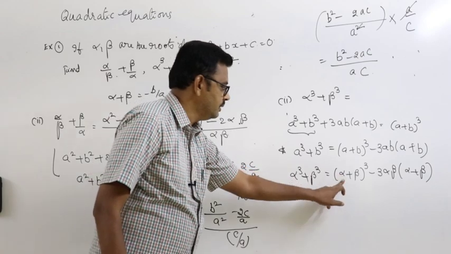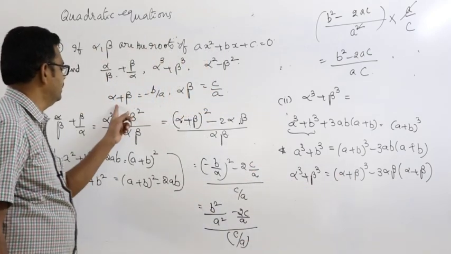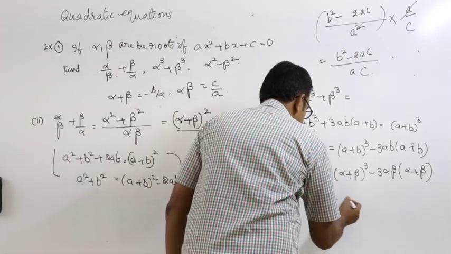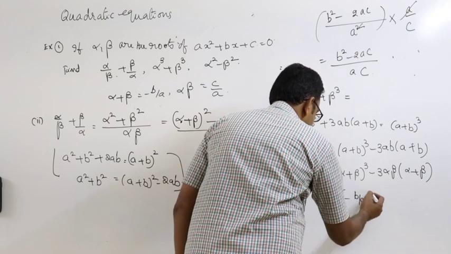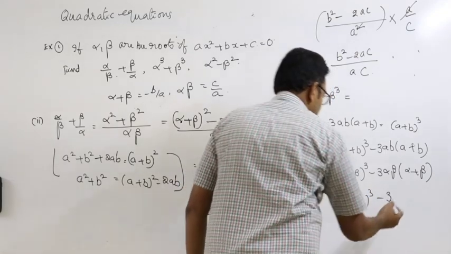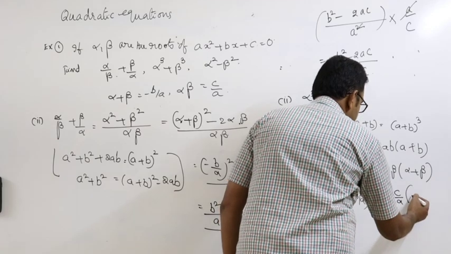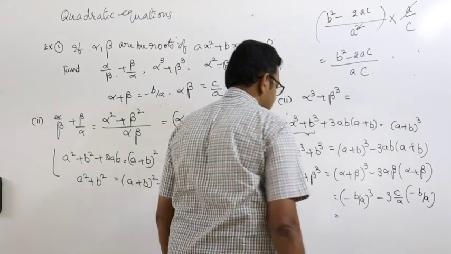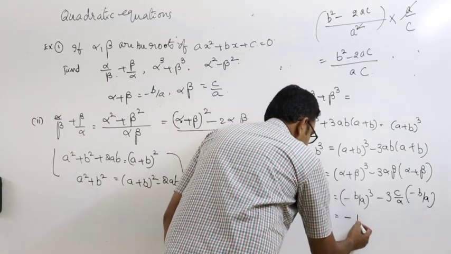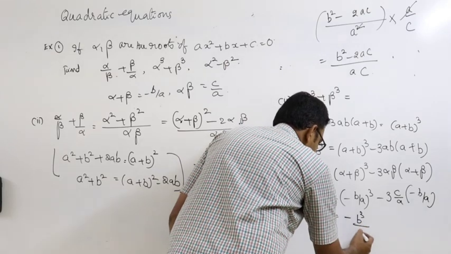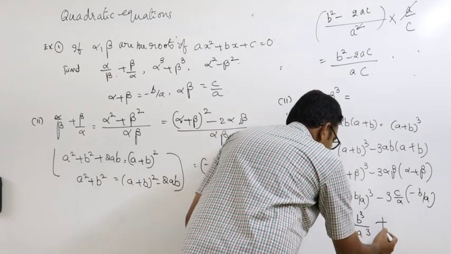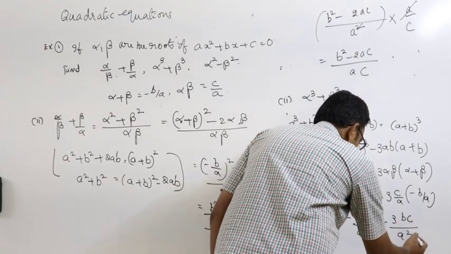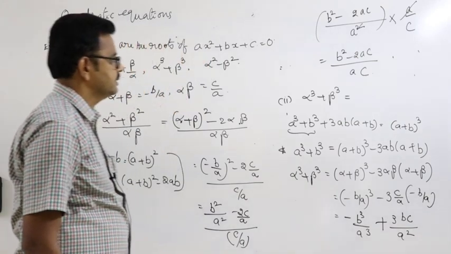So we know the value of alpha plus beta and also alpha beta. That is equal to minus b by a whole cube minus 3 into alpha beta, c by a, into alpha plus beta, minus b by a. Again you will get minus b cube by a cube, minus of minus is plus, so this is 3bc by a square.